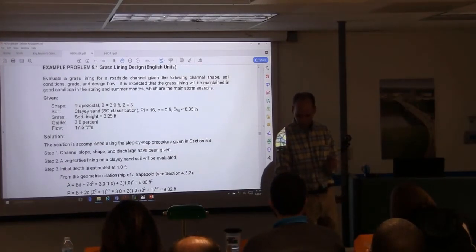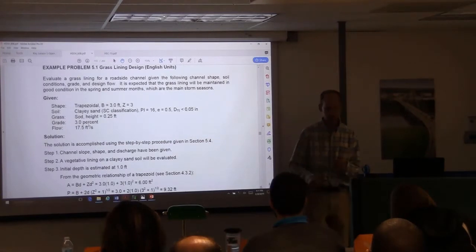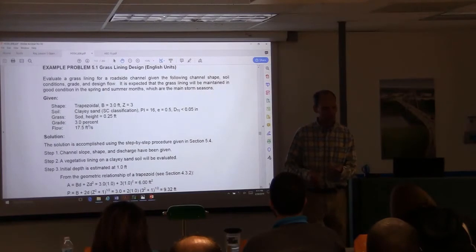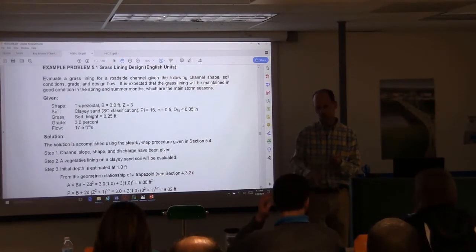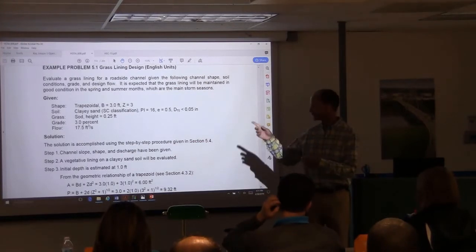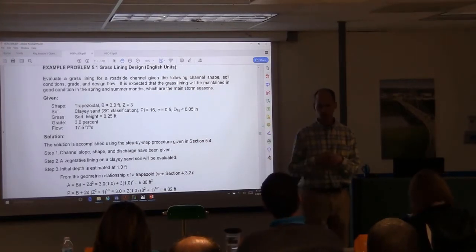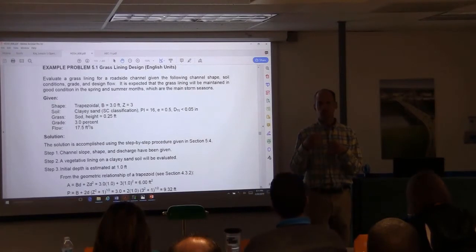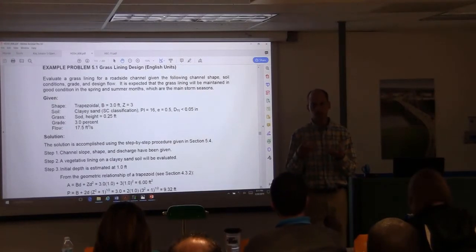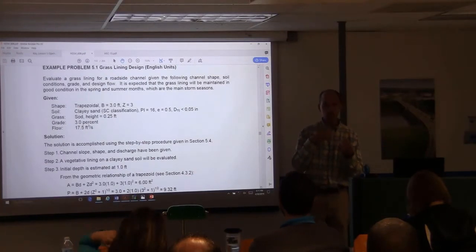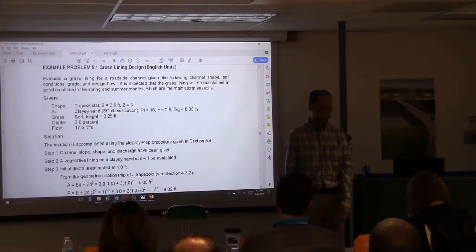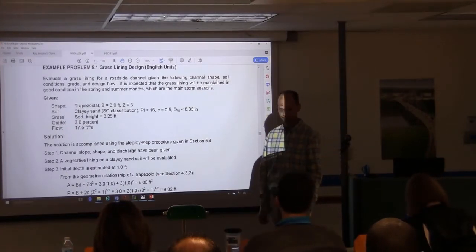You see this weed here, and you pull it, and you just pull the top off, and the root is stuck in the soil. It's a clay soil. That weed grips a lot better, and so it takes a lot more pulling, or in the case we're talking about, it takes a lot more shear stress to counter the permissible shear of that vegetation soil interaction. We will see if the soil or the grass is controlling as far as permissible shear stress.